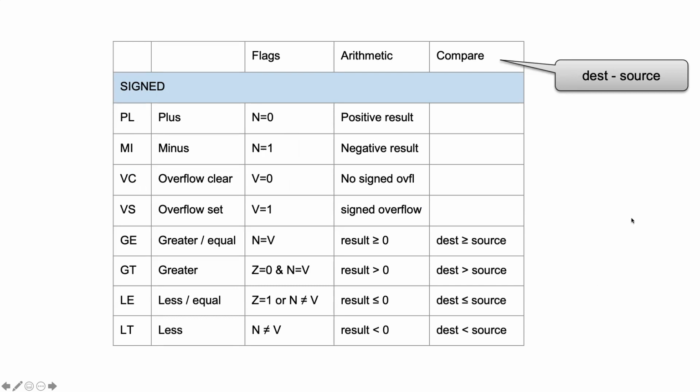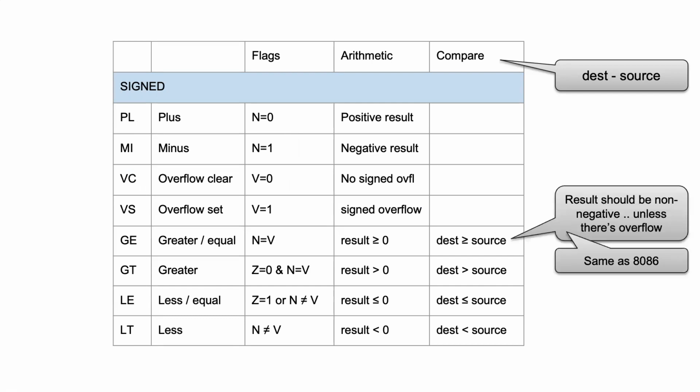For comparisons, we're going to see a comparison operation that's the same idea as Intel. It subtracts the source from the destination, but just sets condition codes. And these can be used to compare dest and source.